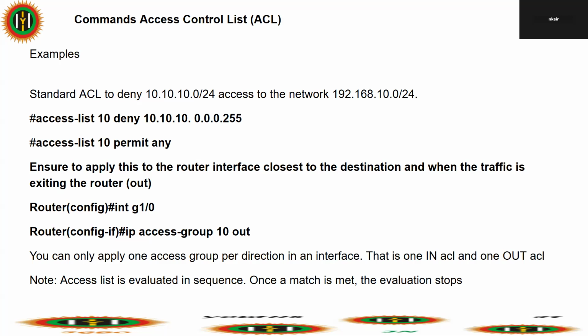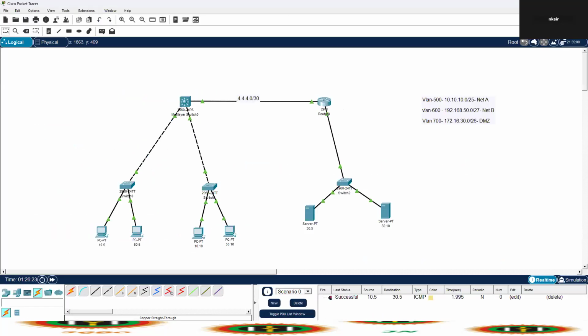Okay, let's go ahead and write this policy. I will pull up my Packet Tracer right here. So we have this. Let me just explain this. I just finished building this, so I've not even tested if it's working properly. So I have VLAN 500, VLAN 600, and VLAN 700, which I don't even know if I configured, but it's fine.